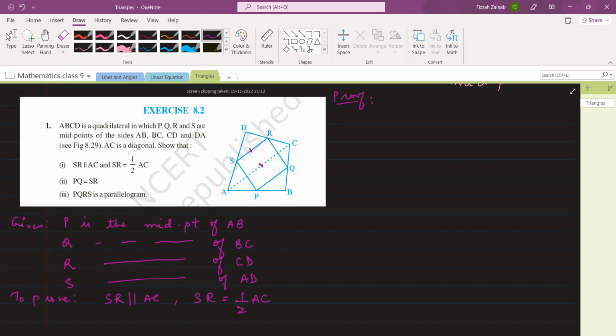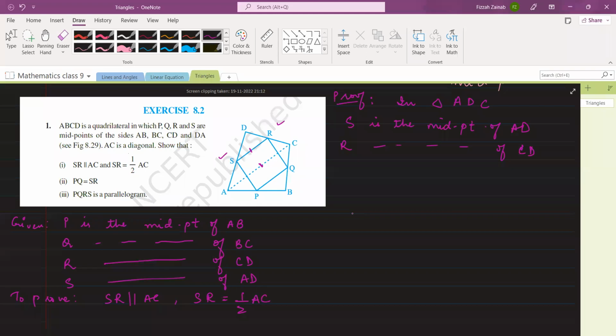Now if we look at the triangle ADC, what is happening here? It is already given that S is the midpoint of AD, and this side R is the midpoint of CD.